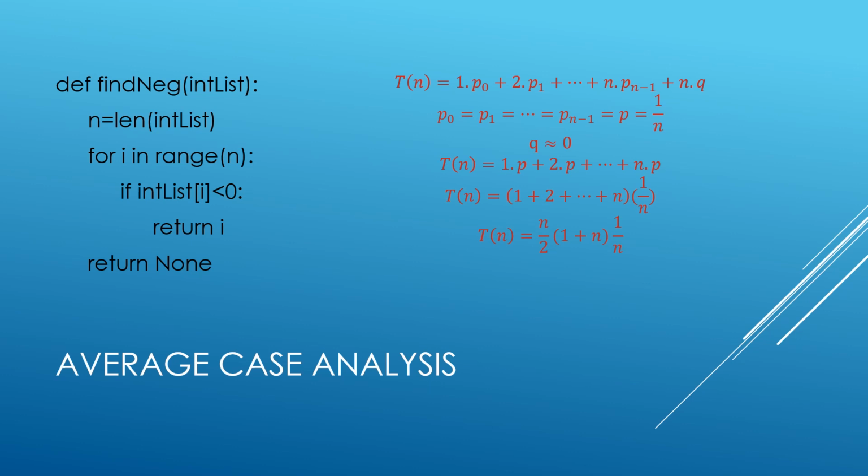Notice that n in the numerator will cancel n in the denominator. Tn will be n plus 1 whole divided by 2, which means that the average case of this algorithm is O(n).